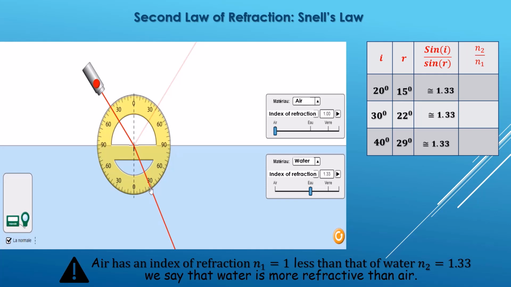In other words, the ratio of the sine of the angle of incidence to the sine of the angle of refraction is not changing. And at the same time, the ratio of the index of refraction of the second medium to the index of the first medium also is not changing, and they are all equal to a specific number. In other words, this ratio is constant.